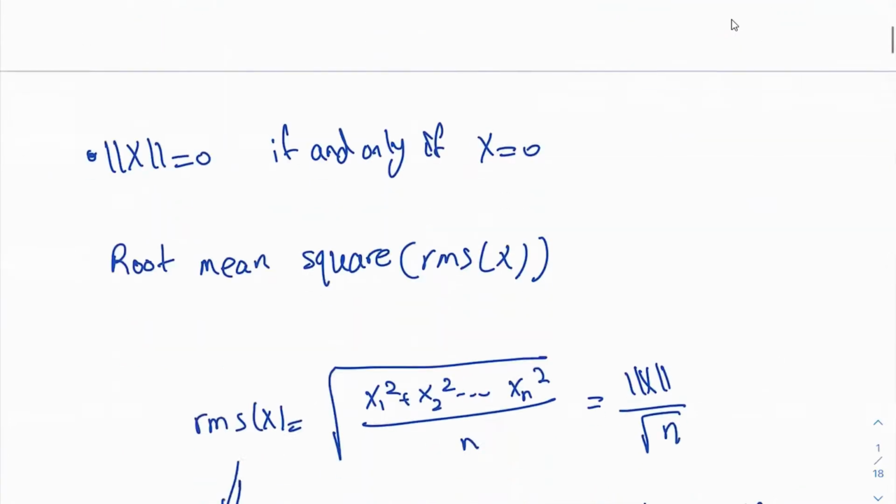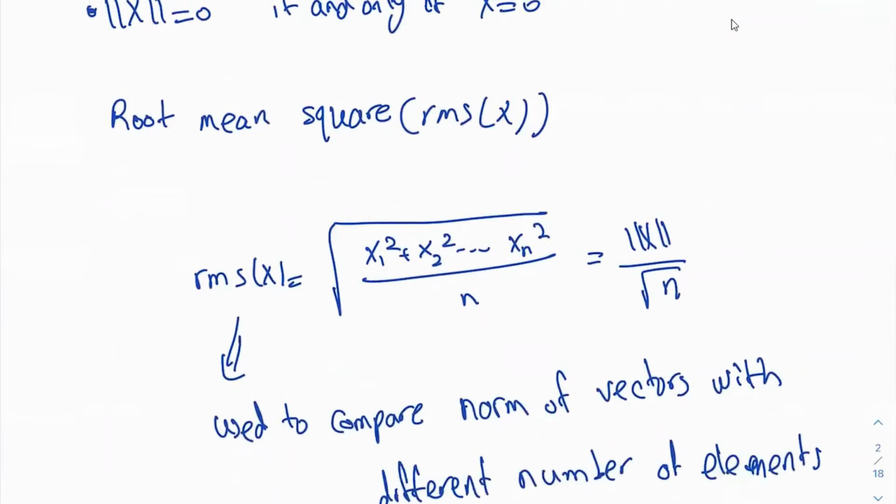It's defined as follows. This x is a vector, x1, x2, all the way to xn. The root mean square of vector x is defined as the square root of x1 squared plus x2 squared plus up to xn squared, divided by n. What is n? n is the length of the vector.